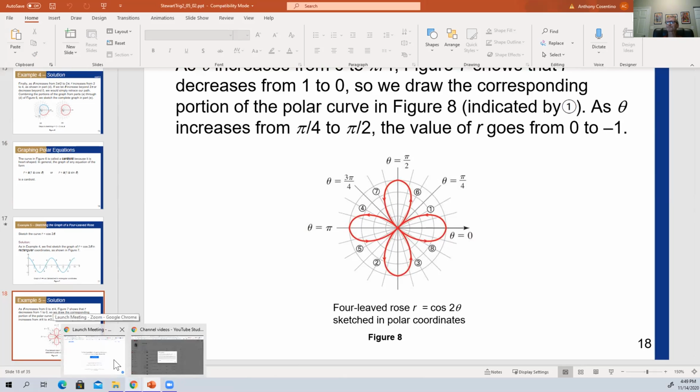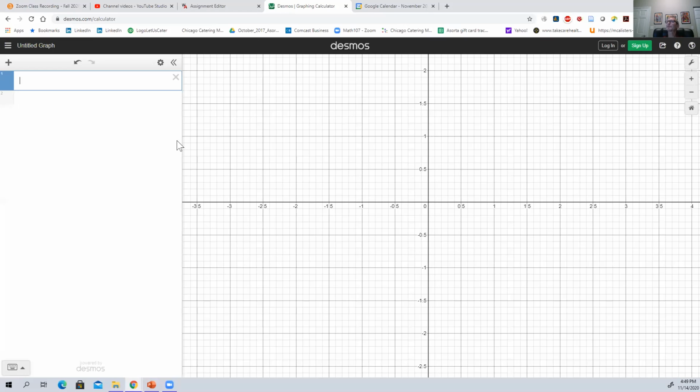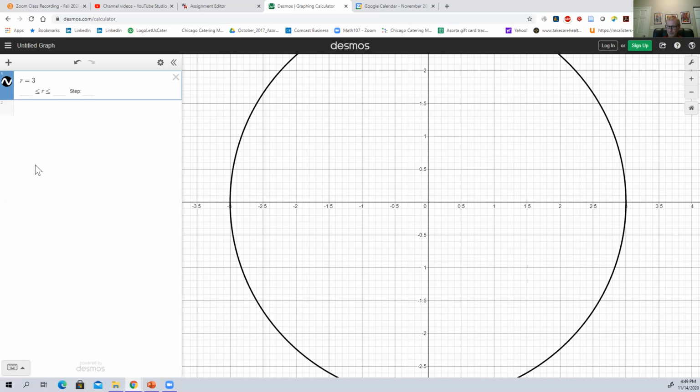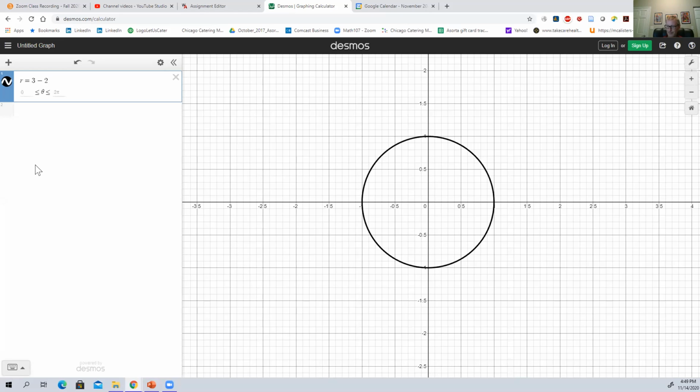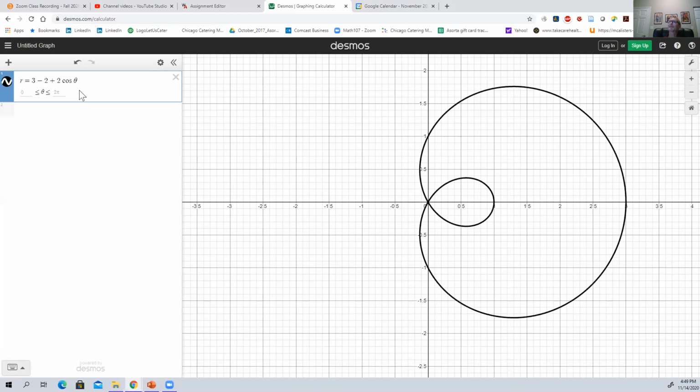So again, Desmos. And so what was the first equation we did? r equals 2, whoops, that's 3, plus 2 cosine of theta. Not E there, sorry. Here we go.